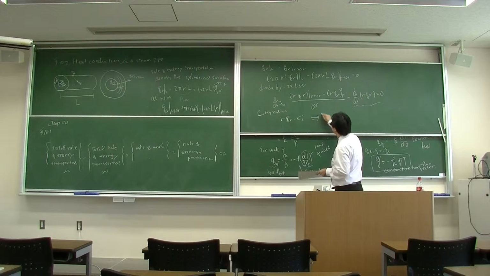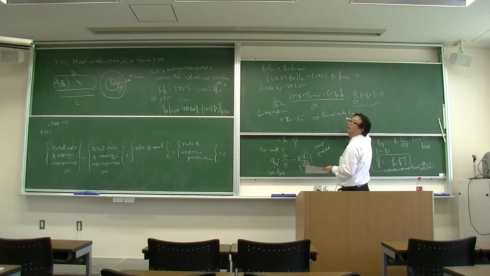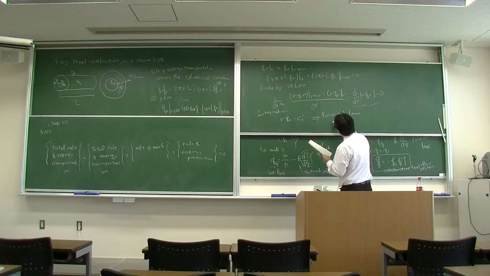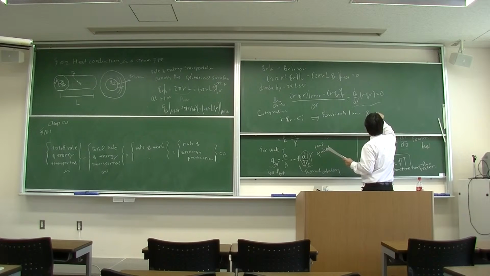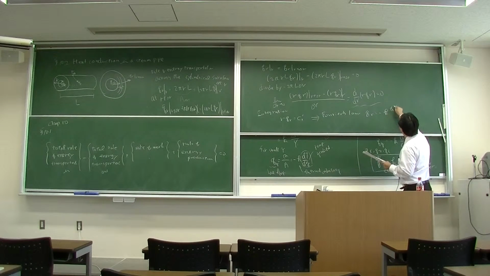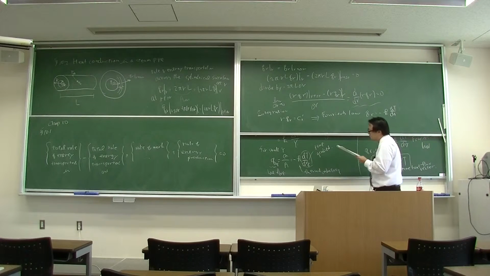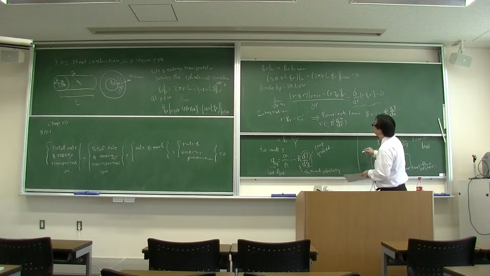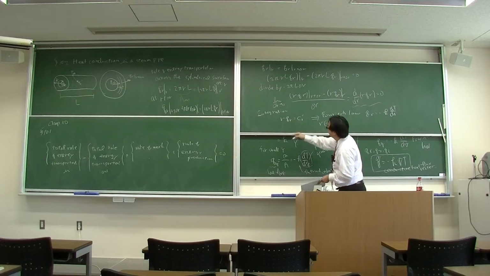Now, based on Fourier's law, we can derive that QR could be replaced with this one.